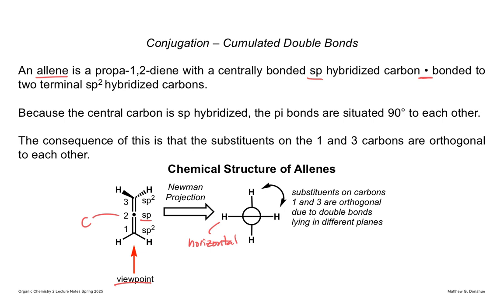And then going through the sp hybridized carbon to carbon 3, you see the back ones are lying now vertical. And so that is a 90-degree rotation as you move through carbon atom 2.